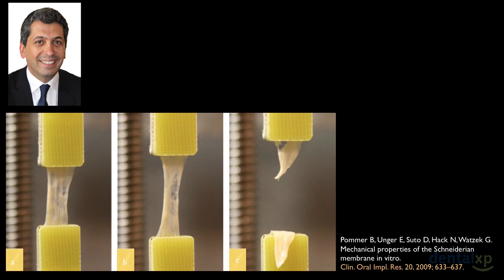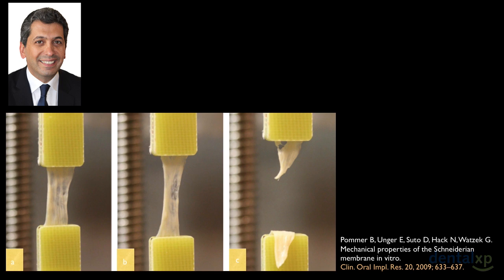One very interesting article that I found in the literature was about the mechanical properties of the Schneiderian membrane in vitro. There are two very important properties for this membrane that we should take into consideration when doing our sinus floor elevation, and mainly this crestal or internal approach, which are elasticity and detachability of this membrane.